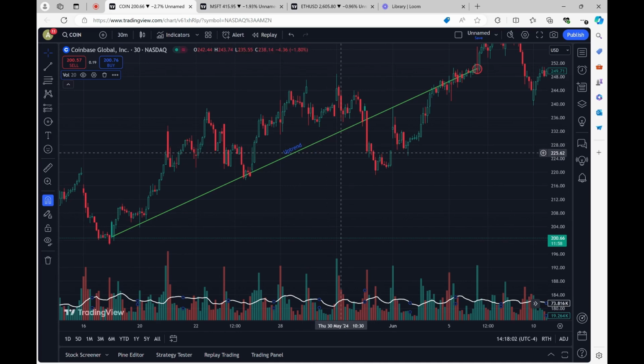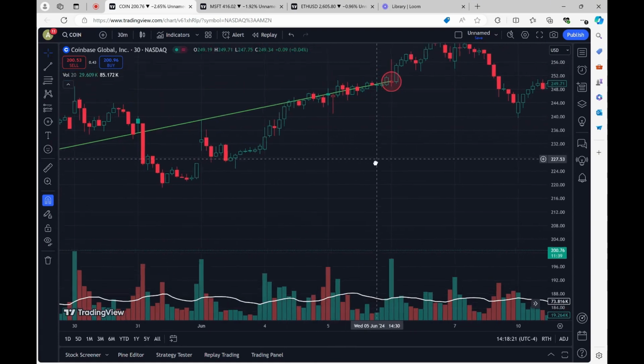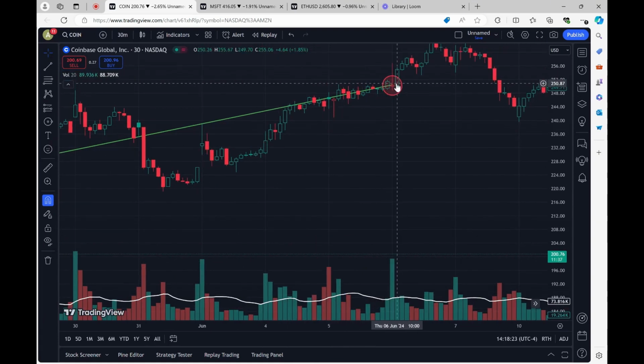Along with confirming the strength of an uptrend, we can also use the volume to predict reversals. How that works is when we see a high amount of volume on a candlestick, but the change in the price with that candlestick is very small, so the body of the candlestick is small. That's what we see over here: a really small body on this candlestick, but a really big volume bar.